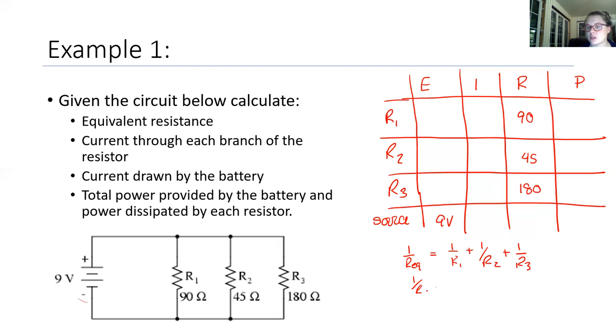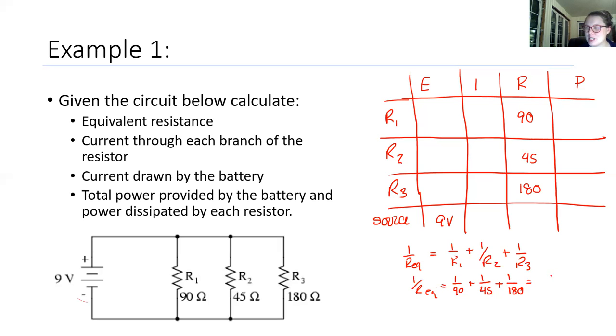1 over REQ is going to be equal to 1 over 90 plus 1 over 45 plus 1 over 180. You guys remember fractions, hopefully.